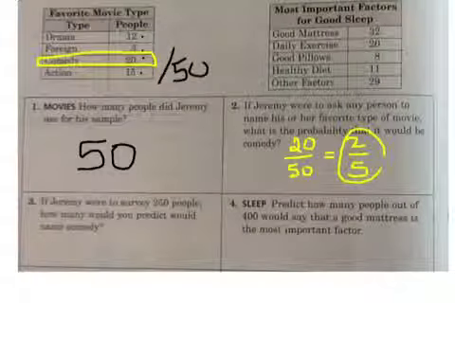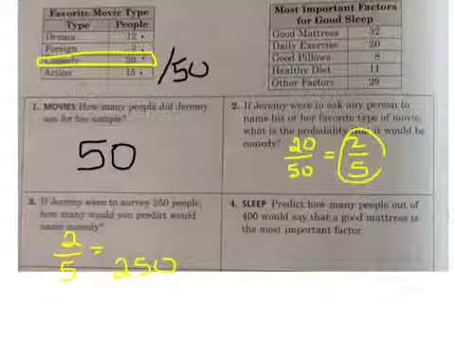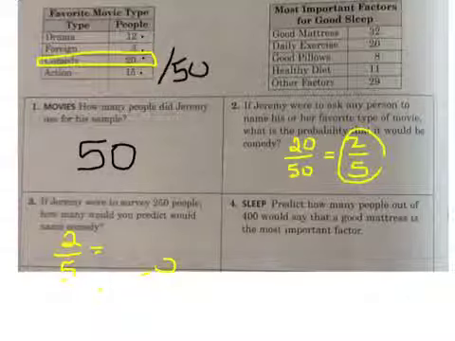Number 3. If Jeremy were to survey 250 people, how many would name comedy? We already know that 2 out of 5 are going to prefer comedy. So how many out of 250 will prefer comedy? Sorry, that got messy.